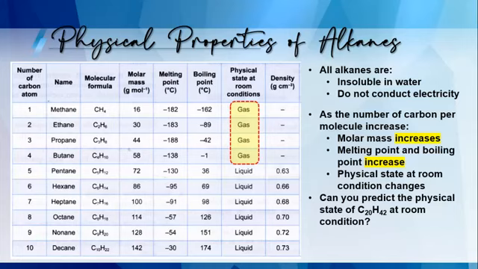As the number of carbon atoms per molecule increases, the melting point increases, and the physical state also changes. Starting from carbon number 5 onwards they become liquid and so on, and at one particular point you will find members of this homologous series existing as solid. This is what I meant earlier about physical properties. You don't have to know the boiling point of butane or octane. You just need to know the trends.